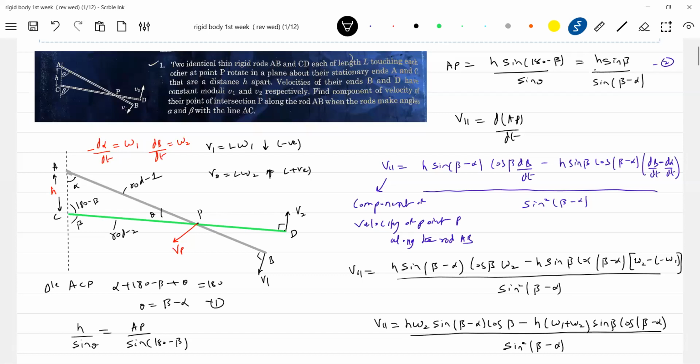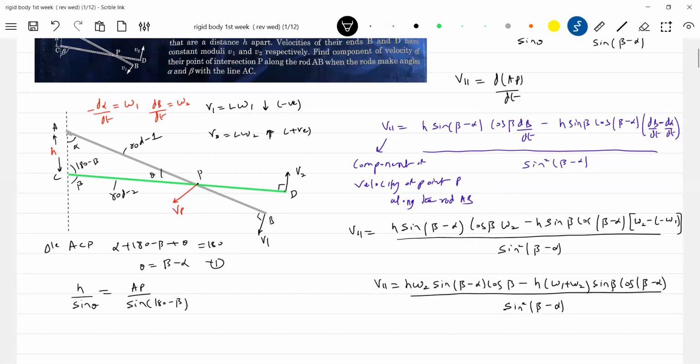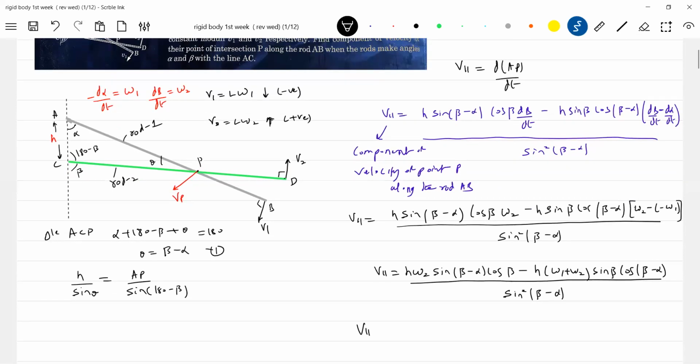Omega 2 further. Oh, I have to write one more step. V1 by L1. I'll write it. We'll end up with answer.